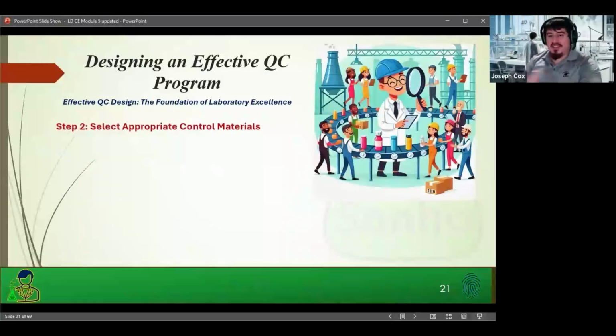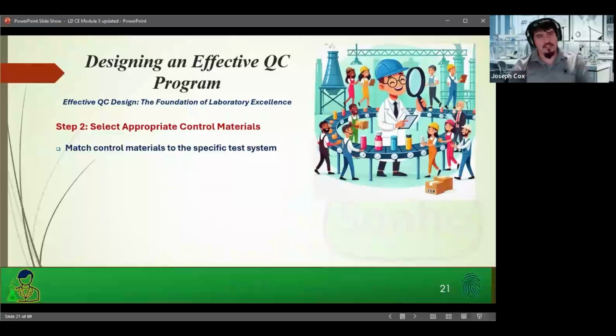Step 2, select your appropriate control materials. Match your materials to your specific test system. That's kind of what I was talking about also. For example, toxicology. THC gets glucuronidated, morphine gets glucuronidated.